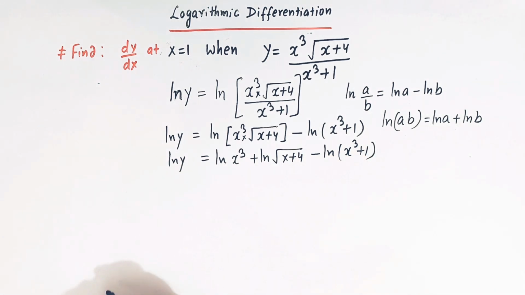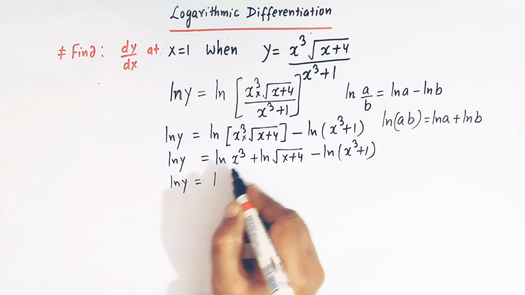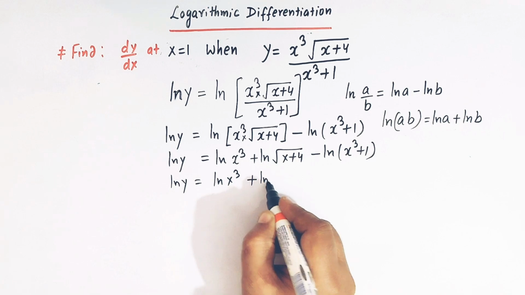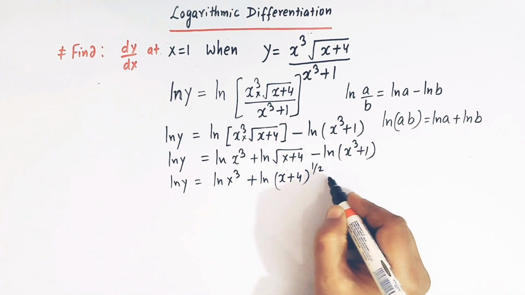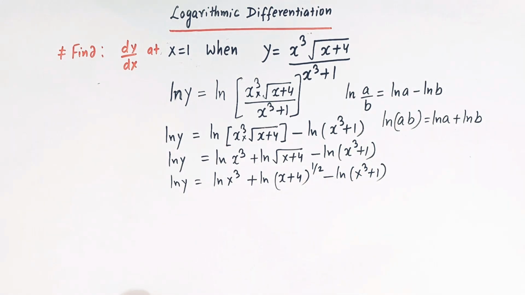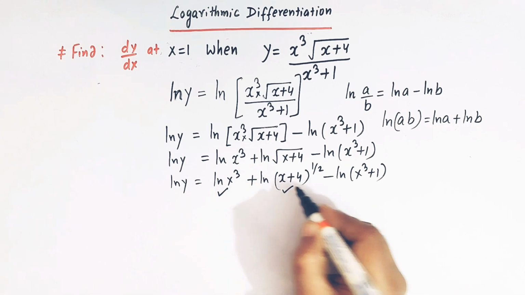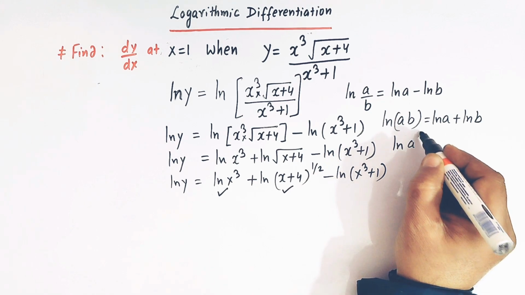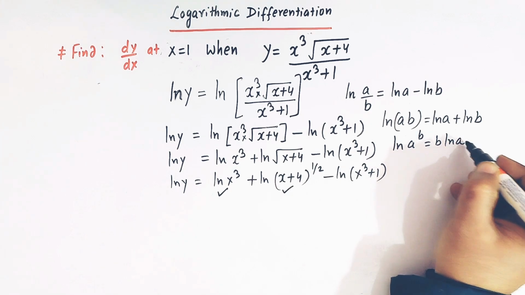1, right? Okay, now see, we can write these terms as log of x cube, and here we have log of x plus 4 raised to half, and here we have log of x cube plus 1, right? So let us use another important property of log, that is the power rule, that is log of a raised to b is given by b times log of a.